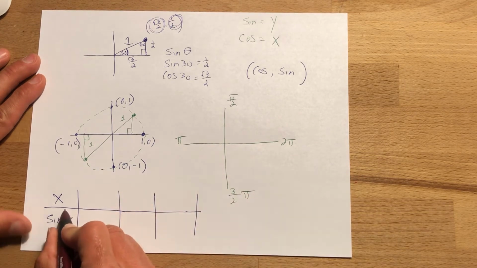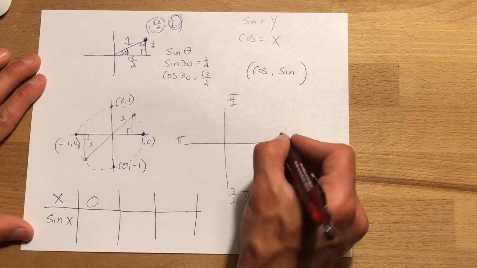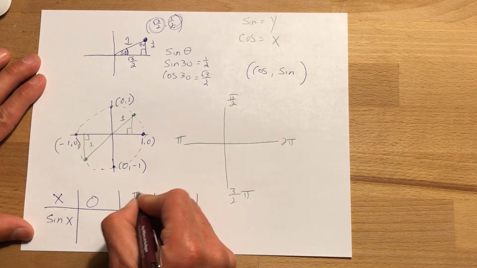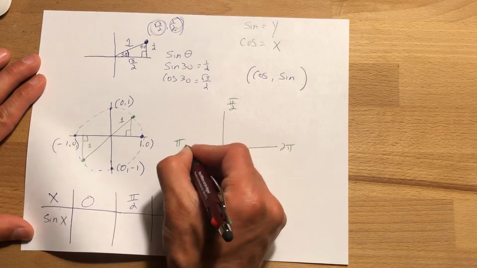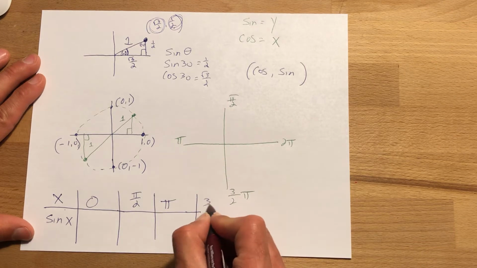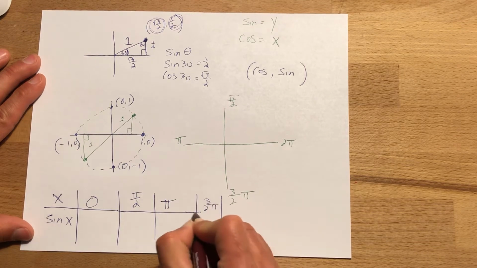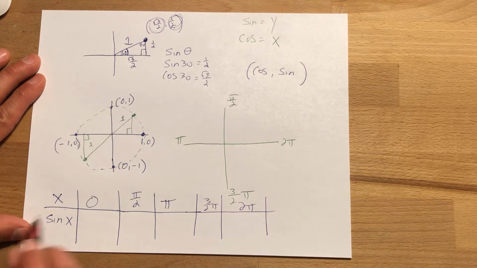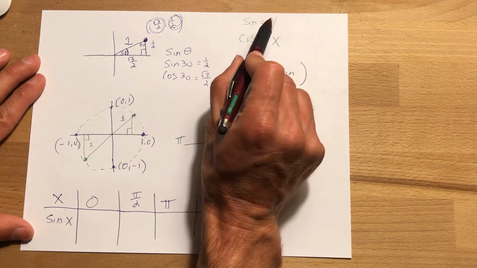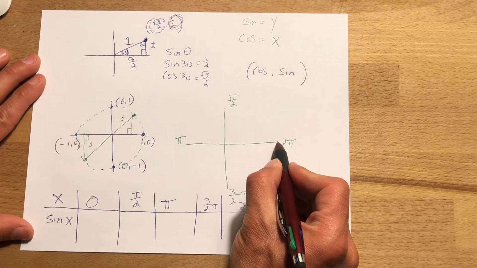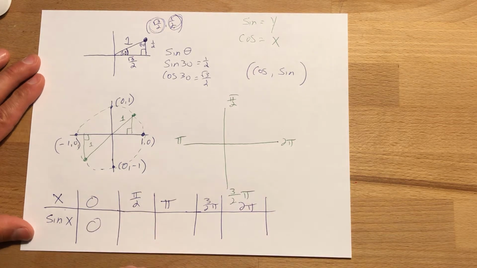So let's say on the x, let's say we're at 0, which would be here. And if I go 90 degrees, I'm at pi over 2. And then if I go 180 degrees, I'm at pi. And then if I were to go 3 pi over 2, back all the way to 2 pi. Okay, now sine is your y coordinate. So if I'm at 0 right here, what's my y coordinate? 0.